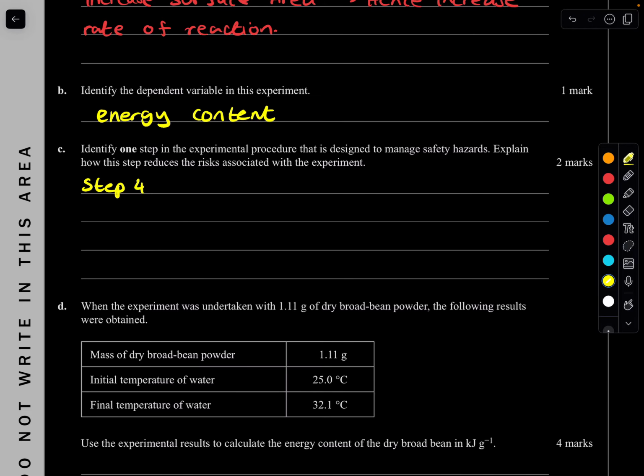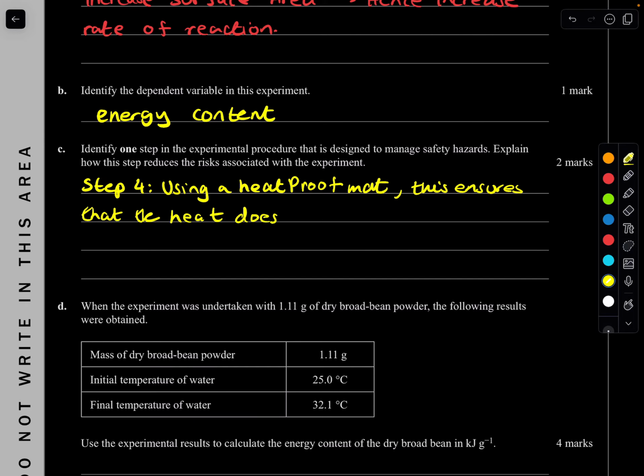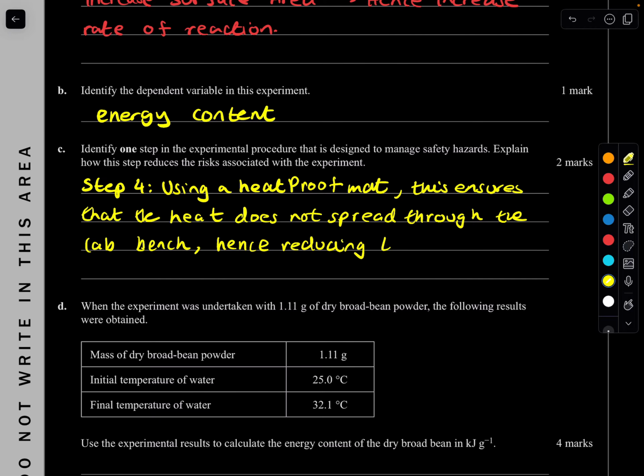Say step 4. Basically using a heat-proof mat, this ensures that the heat does not spread through the lab bench, hence reducing the risk of fire.